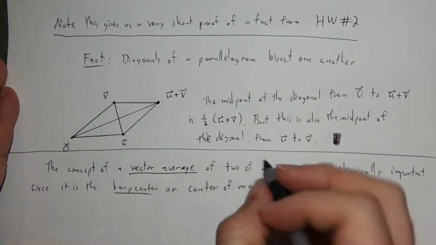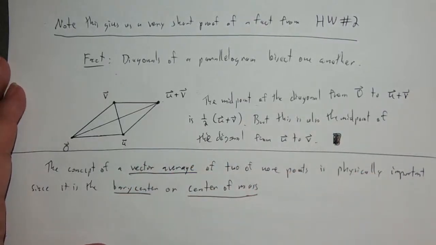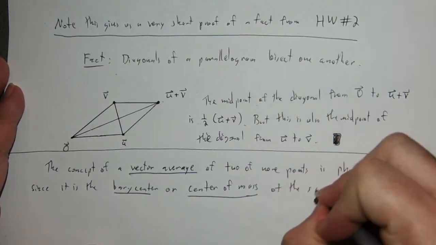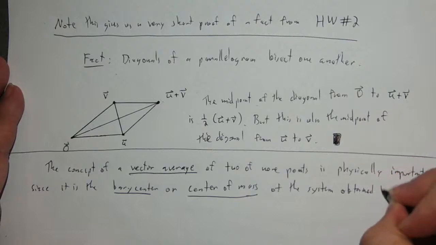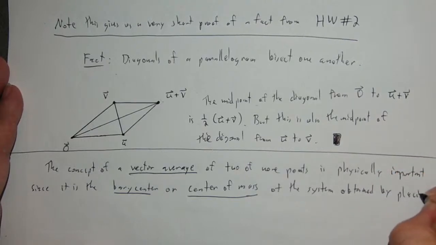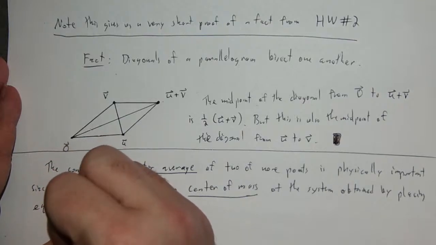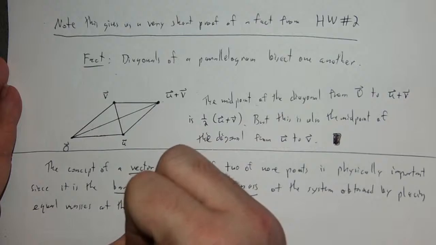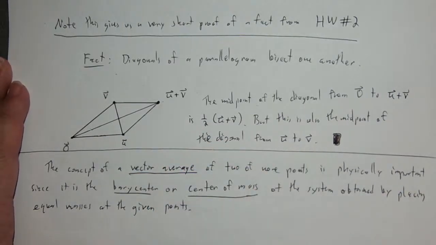It's the barycenter or center of mass of the system obtained by placing equal masses at the given points.